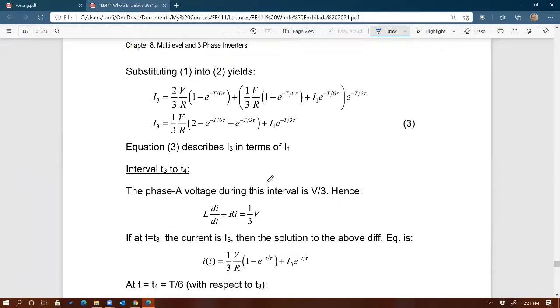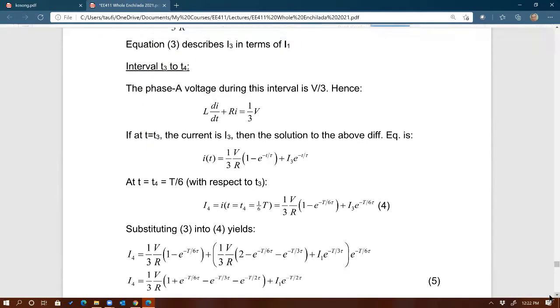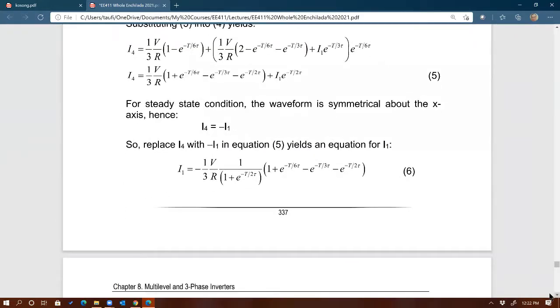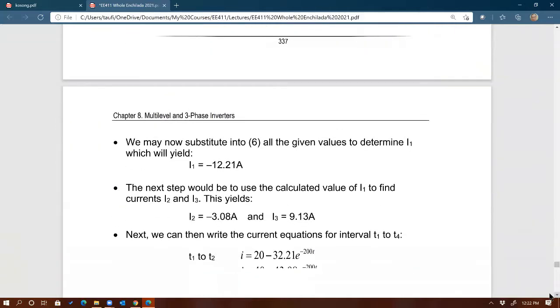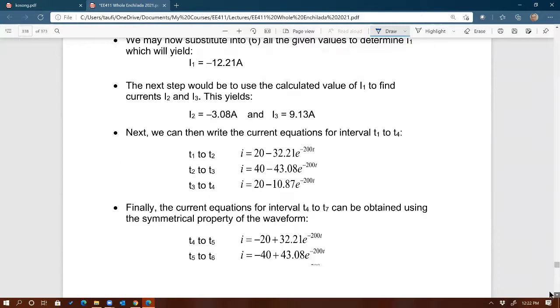You're doing lots of substitution afterward, but at the end, if you follow this section right here, it should be easy to follow mathematically. At the end you have the equation for all 6 segments, and there, see, those are the examples.